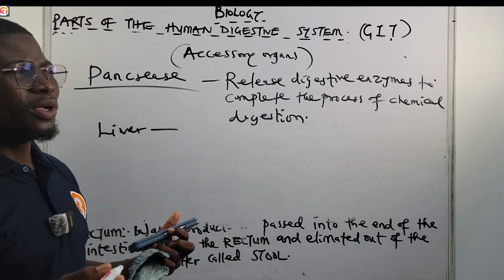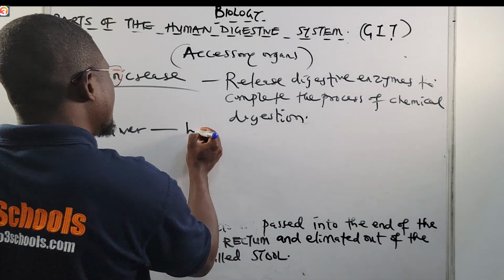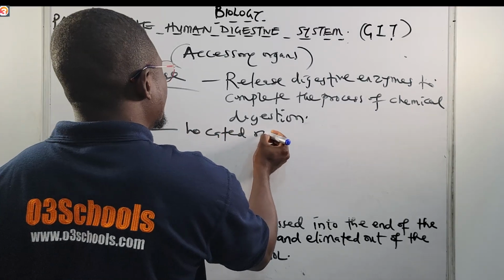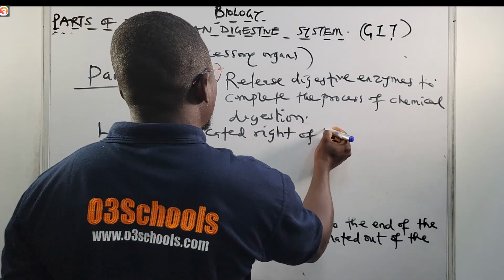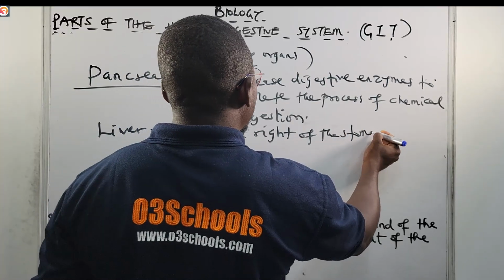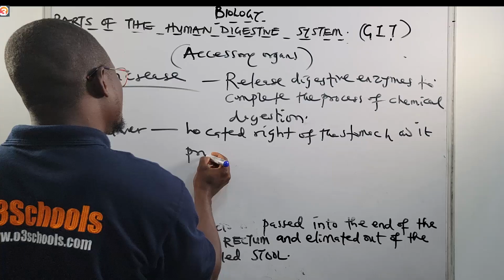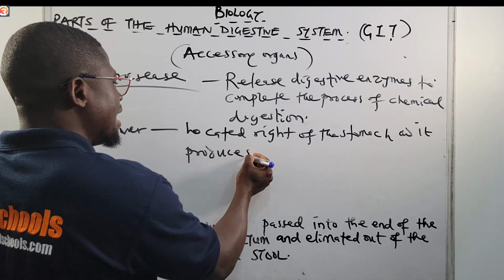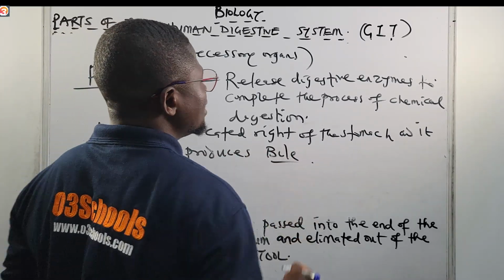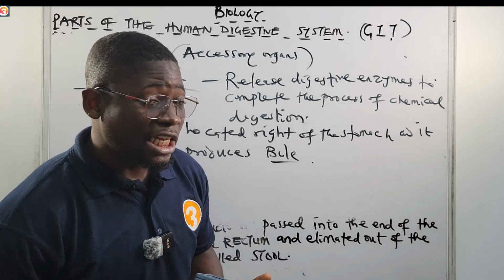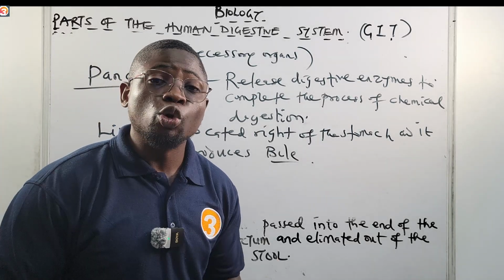The liver is located on the right of the stomach, and it produces what we call bile. You know bile. When they kill a chicken and burst that bile, everything turns bitter.